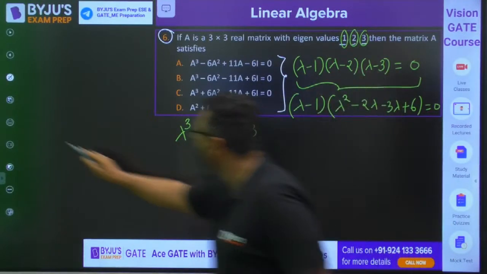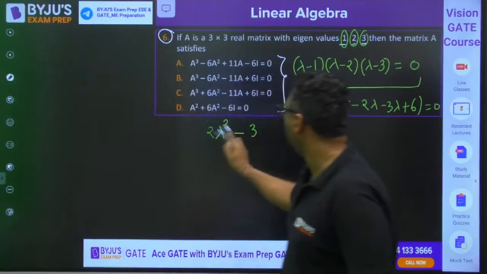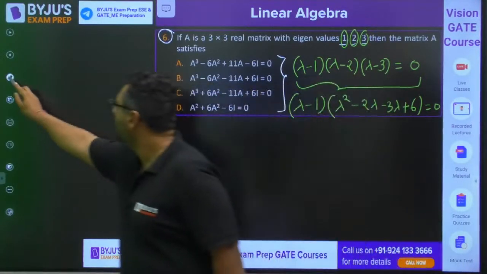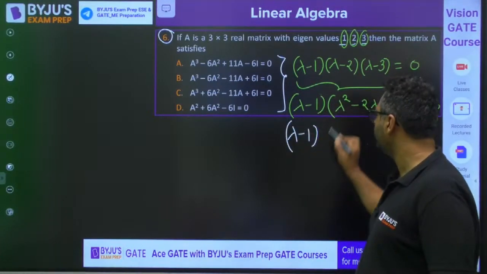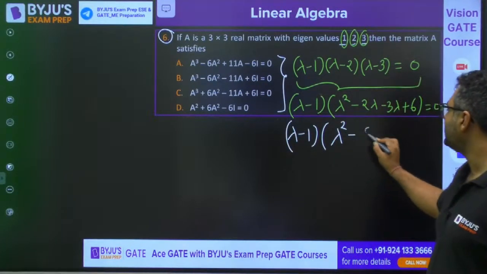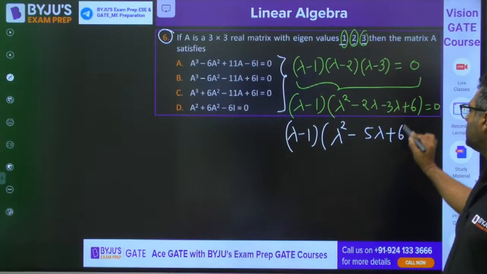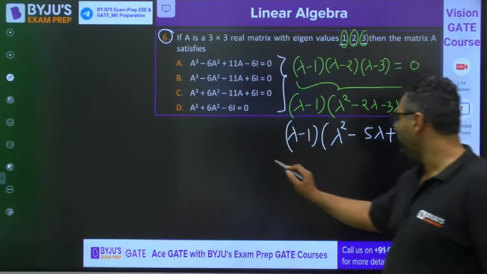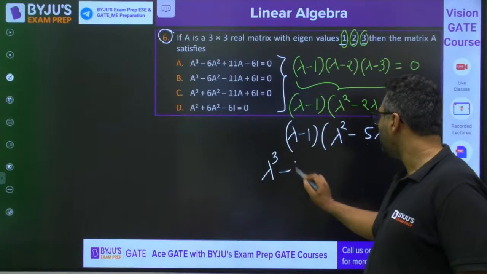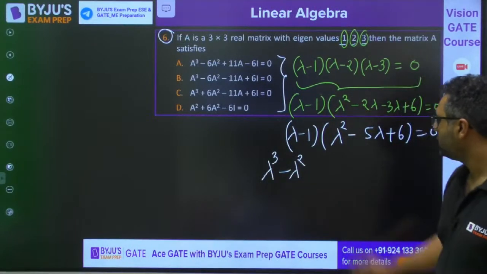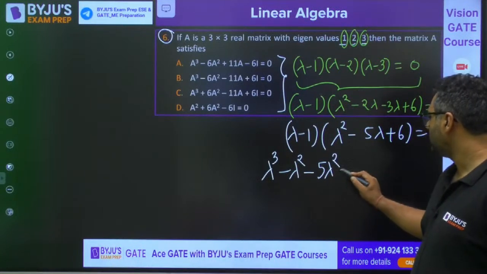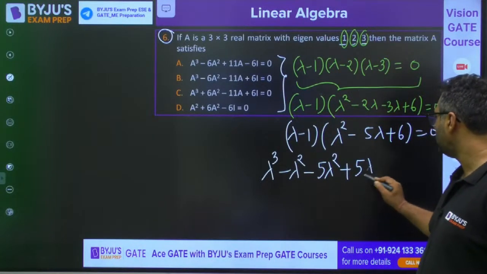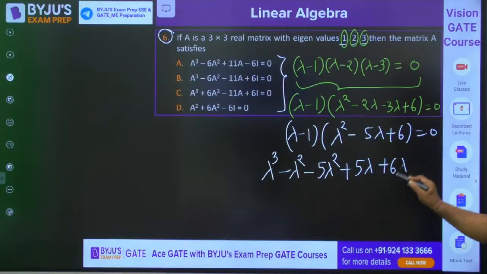Okay, let me make it easier for you. We can also write it as lambda minus 1, lambda square minus 5 lambda plus 6. Now it would be lambda cube minus lambda square minus 5 lambda square plus 5 lambda plus 6 lambda minus 6.